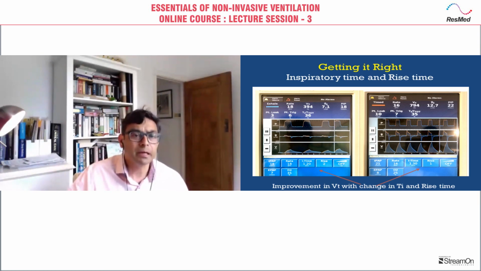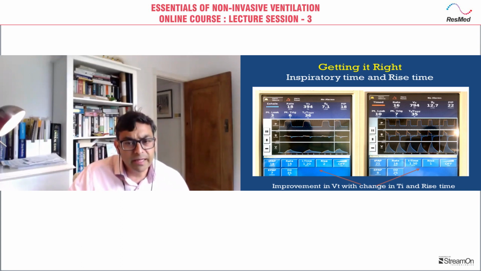Second example, we can see that the patient here is again being ventilated in controlled mode, and the reason we know that is the breaths are orange. So when the patient is being given breaths, tidal volume is around 390 mL on the left hand side of the screen, whereas on the right hand side of the screen we have made a couple of changes.